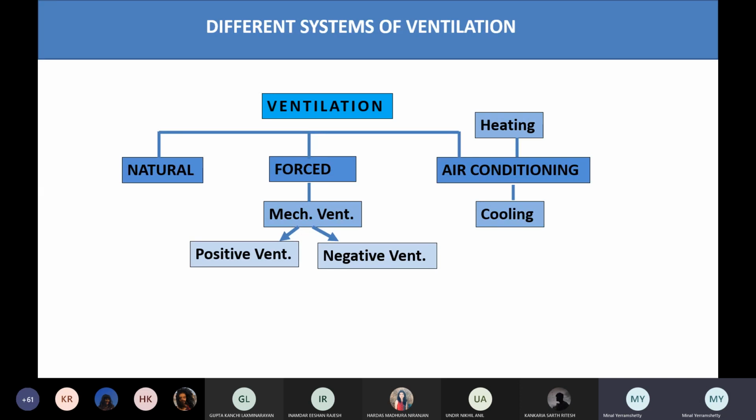And when you have a very large area where you have to do mechanical ventilation, one of the systems will not work. You will have to opt for both systems, because here you are talking about the depth and length of the building, and if the area is very large, one system alone probably is not feasible unless you have natural ventilation very nicely incorporated within that area.